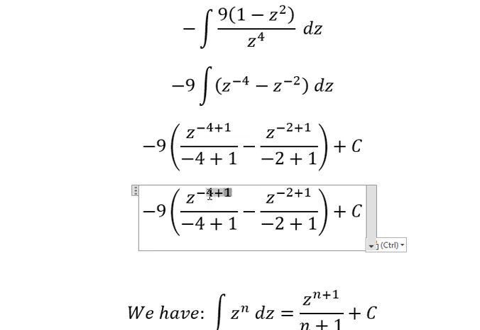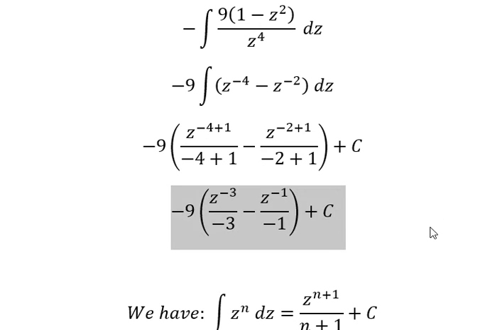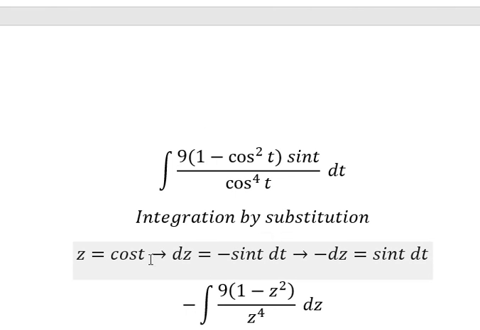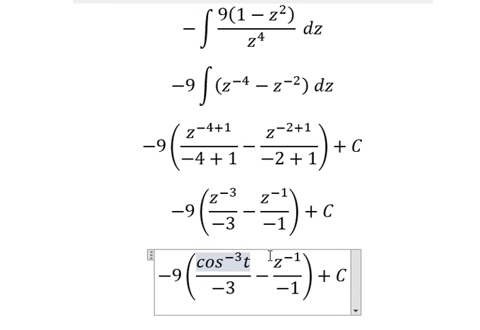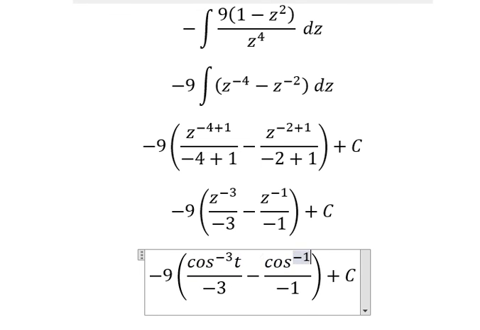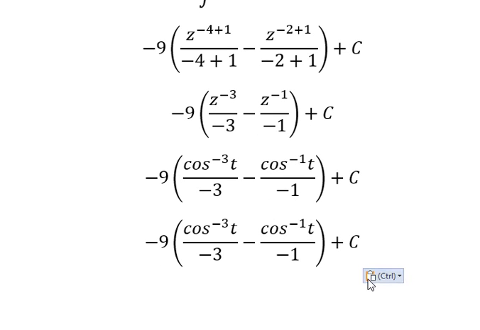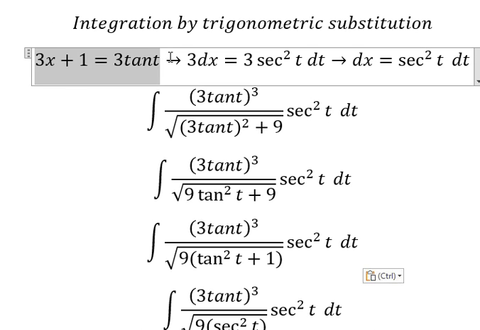So this one we have negative number 3, negative number 3, negative number 1, negative number 1. About z, that is cosine t. About t, that is this one.